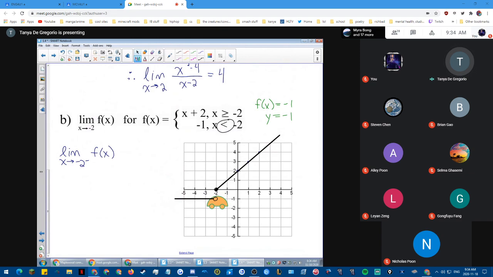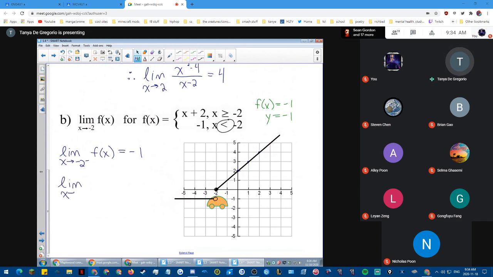Which function would I be using? Would I be using x plus 2 or -1? Yeah, good, -1. It's already done for me. It equals -1.